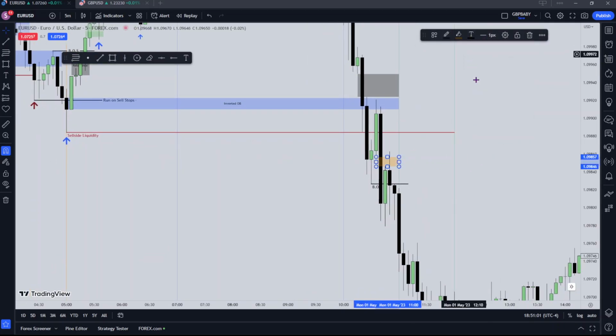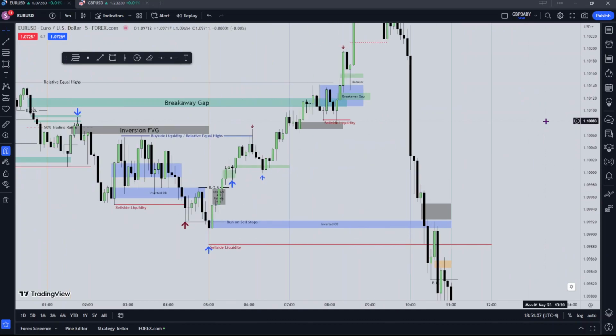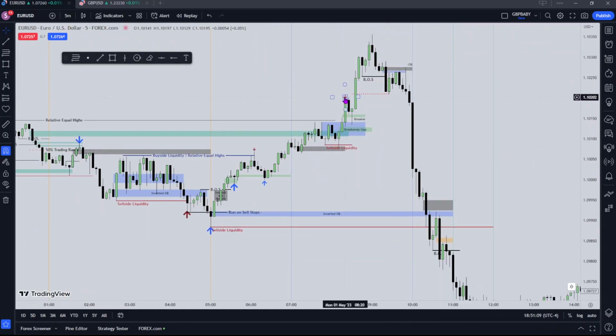Let's make it orange. And let's not forget to add where we want to be selling. So I'd want to sell here, I'd want to be selling here, and I'd want to be selling when price trades into this here.